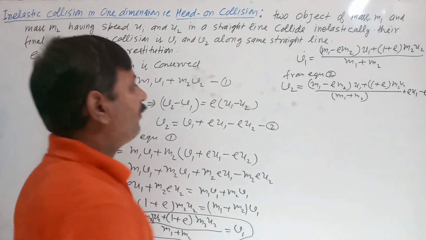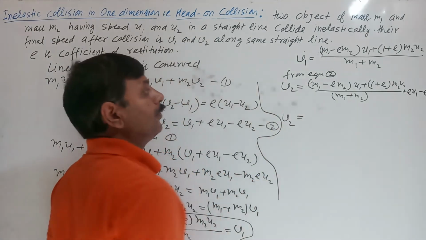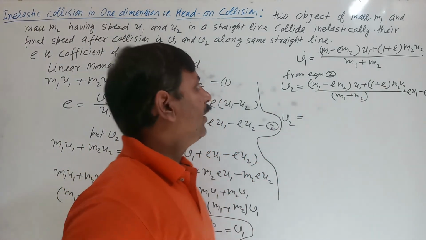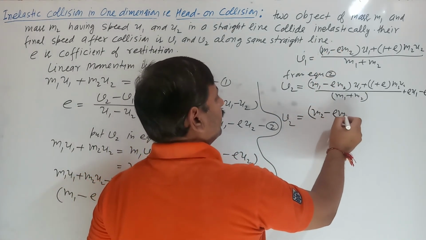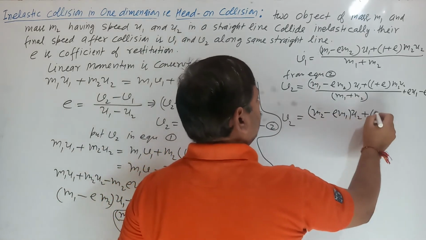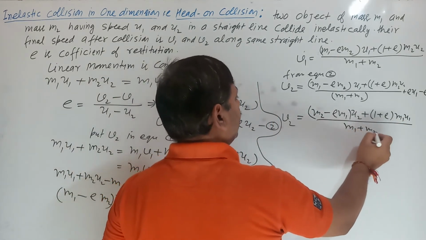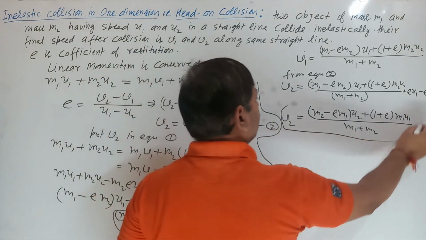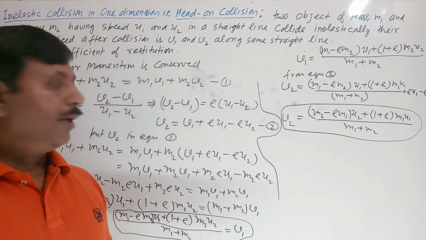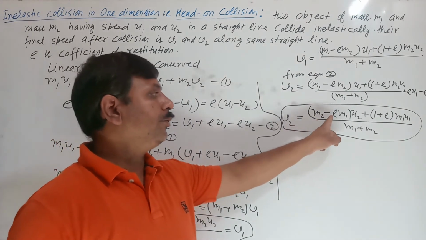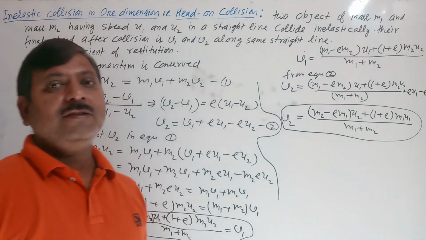So you will simplify same way. What you will get? The V2 is equal to, you will take LCM and simplify it, you will get same formula like that. M2 minus EM1 U2 plus 1 plus EM1 U1 divided by M1 plus M2. So this will be the equation for V2. Yeah, very simple. V2 is equal to M2 minus EM1 U2 plus 1 plus EM1 U1 upon M1 plus M2.